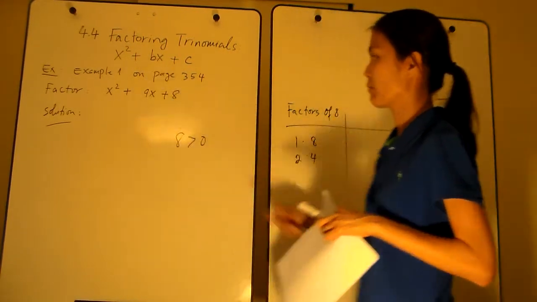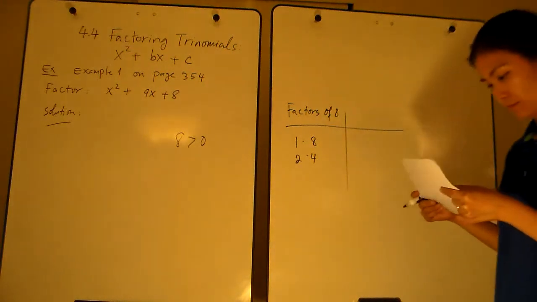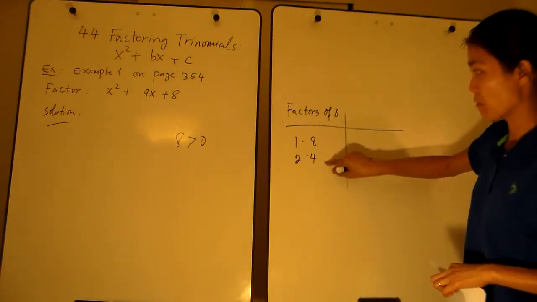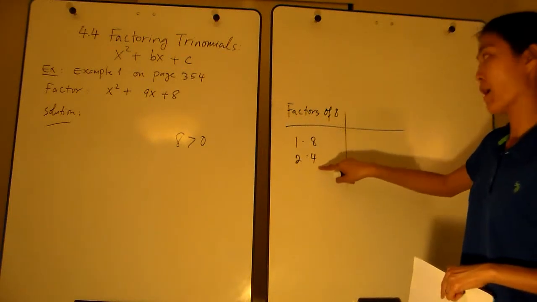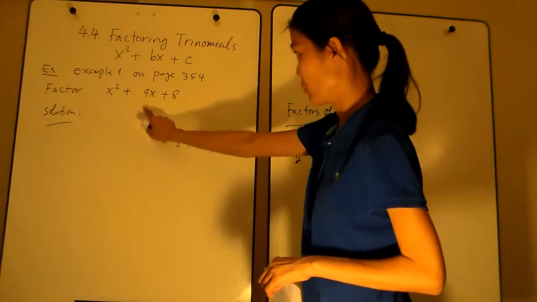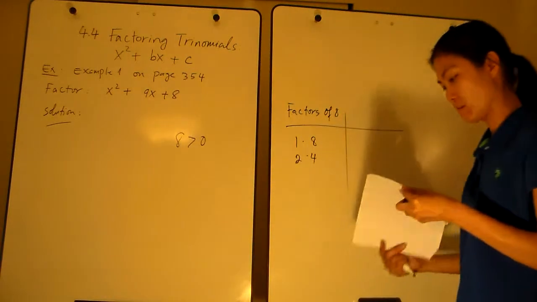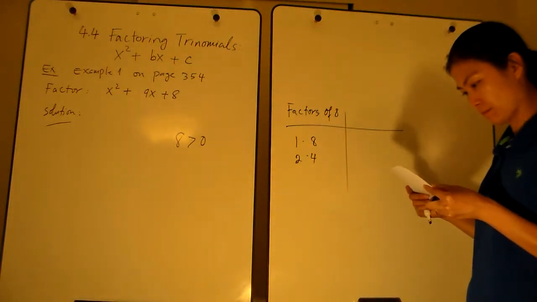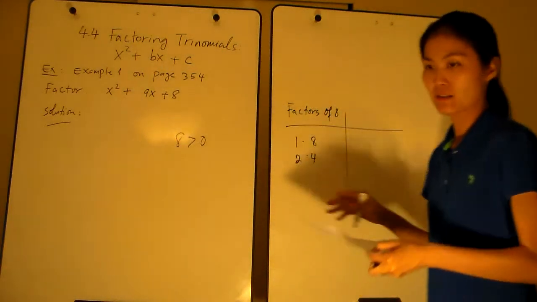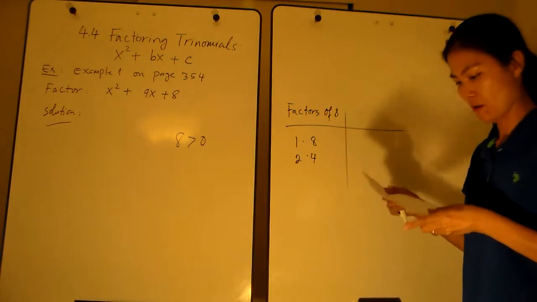Positive. So 2 and 4 will be positive, 1 and 8 will be positive, because the sign of b is positive. If c is negative, but this case is not negative, I'm not going to mention it, but you can read that part.